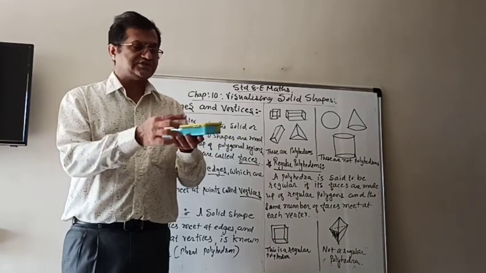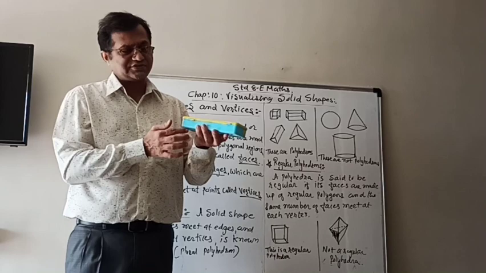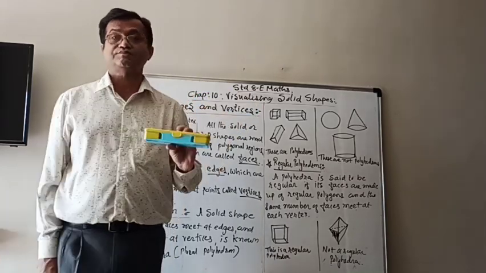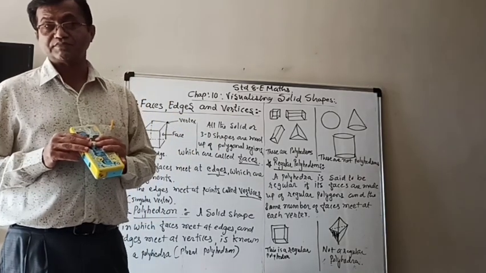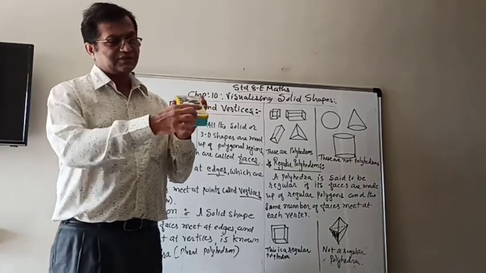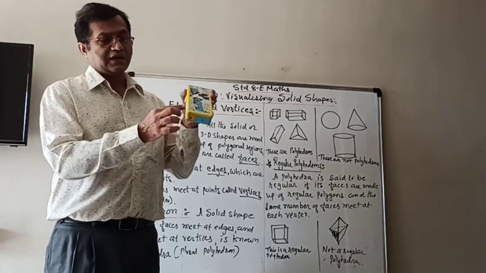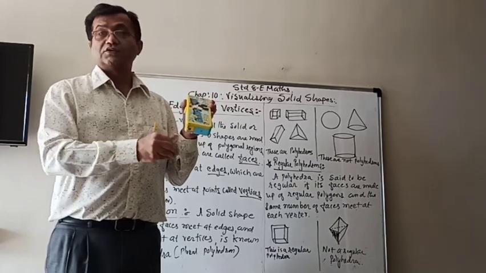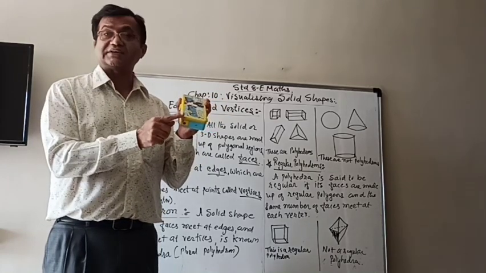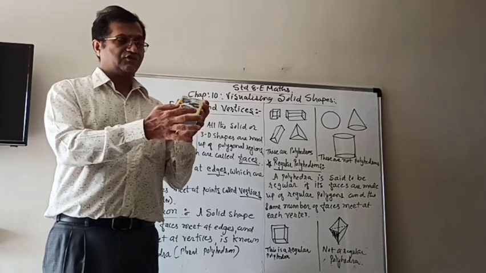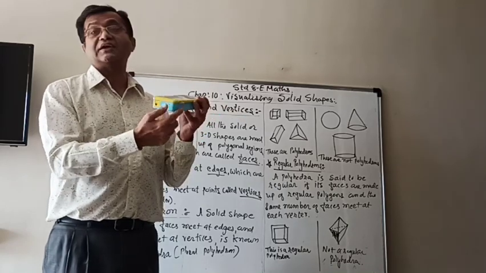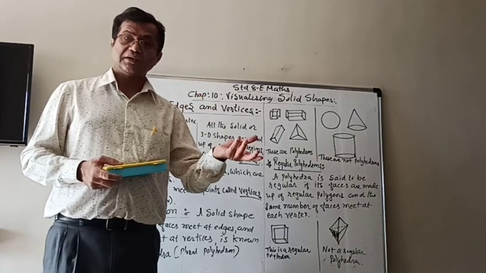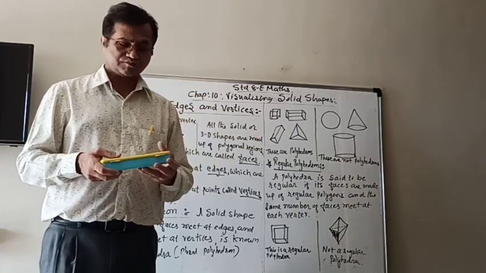So all these edges are 1, 2, 3, 4, 5, 6, 7, 8, 9, 10, 11 and 12. Now you can see that these 3 edges meet at one point. That is known as the vertex. So it has 1, 2, 3, 4, 5, 6, 7 and 8 vertices. Vertex is singular and its plural is vertices.